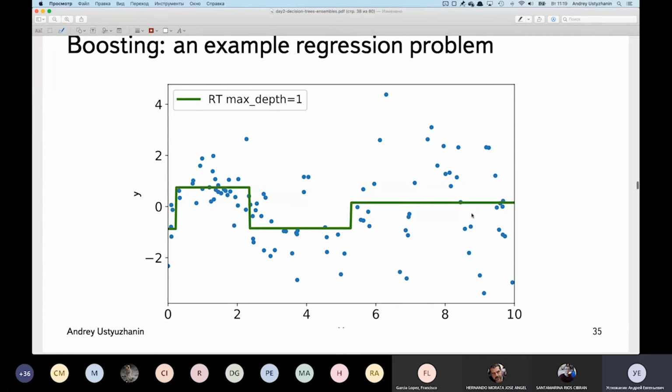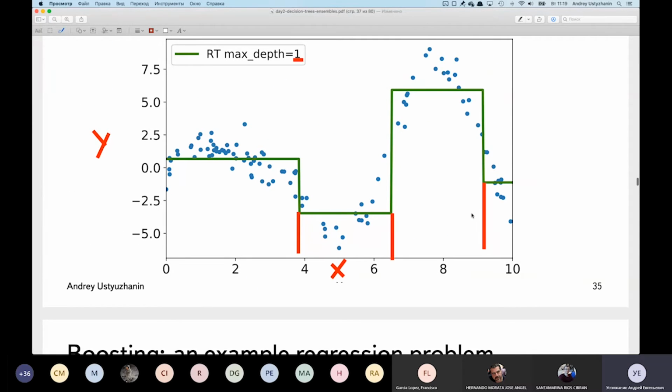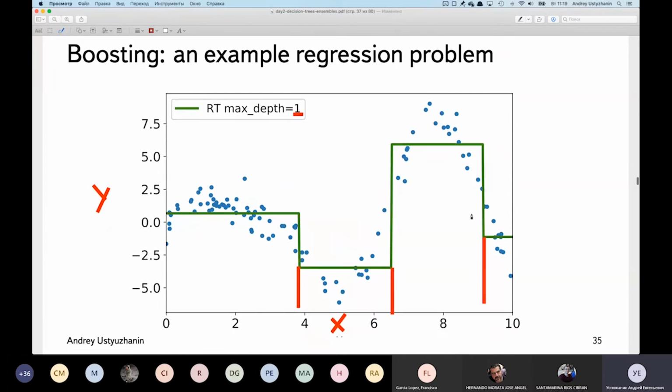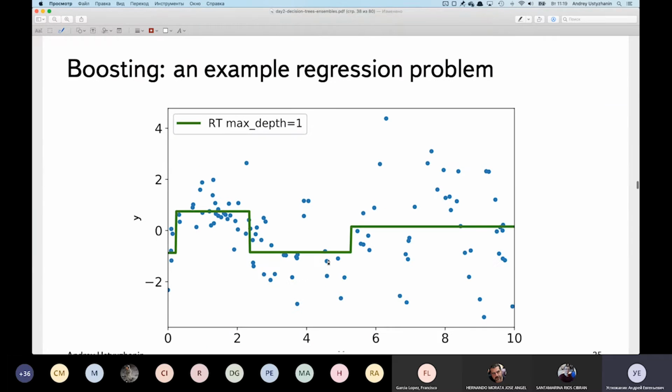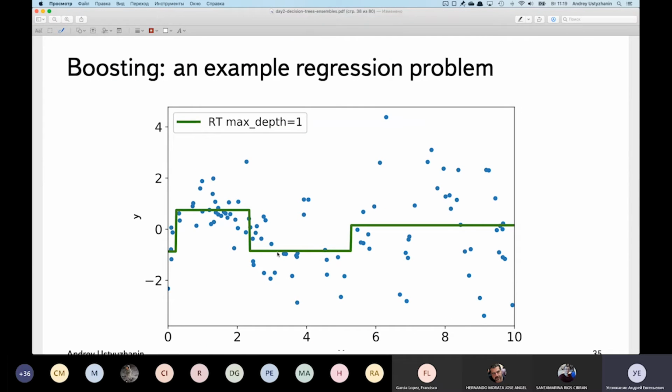And after you subtract those green lines from the ground truth, you get something with less variance, and you build another decision tree of depth one that splits the data into partitions. This would be the initial split, this would be the first left split, and this would be the first right split.